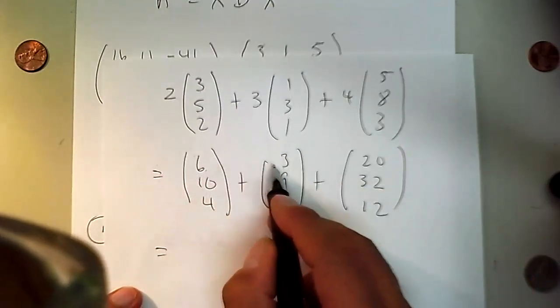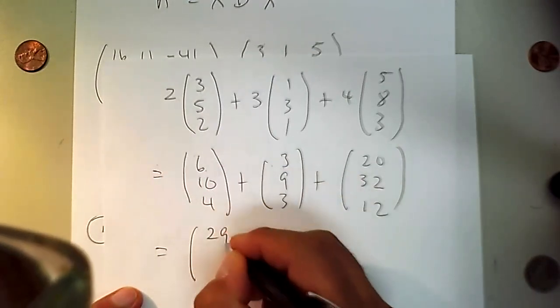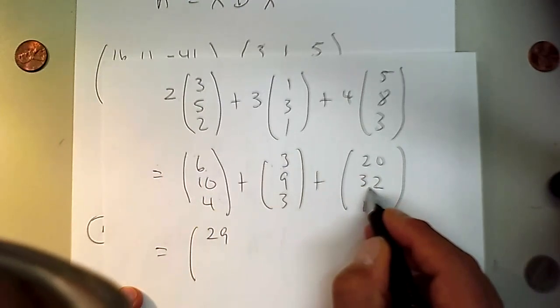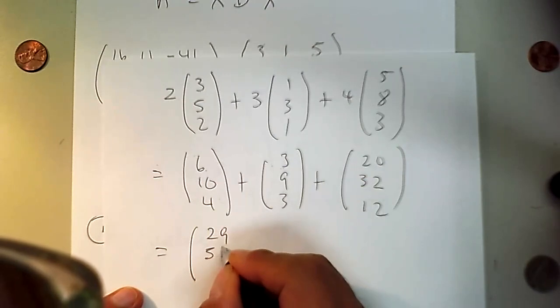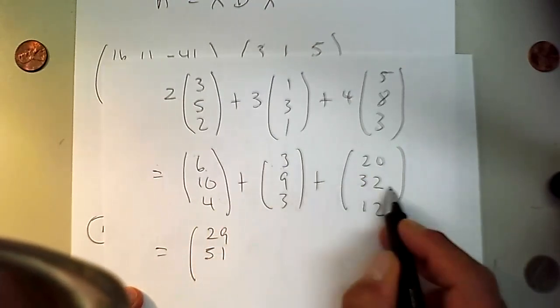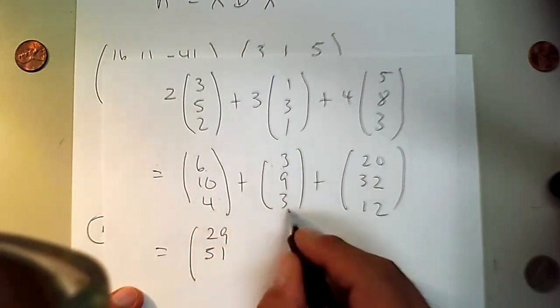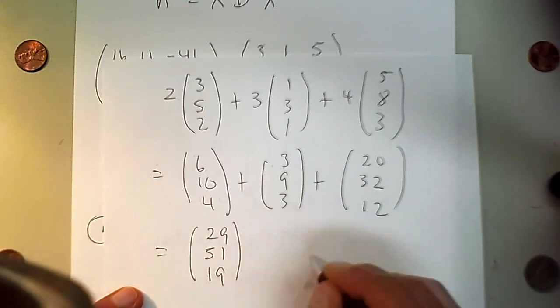We got 9, 29, 19, and 32. That's 51. 9 and 2 is 11. 4, 5, yep. And then 4 and 3 is 7. 19 again. So that, well, 19.